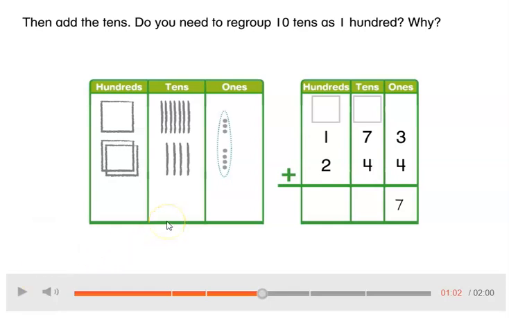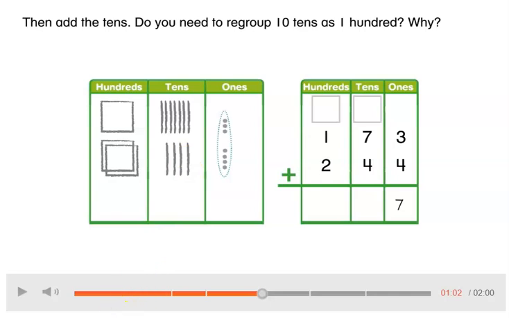Okay, so remember, if the answer is more than 9, we need to zoom it up. So we have 7 plus 4, so you can either count on your fingers if that's easier for you, but I'm going to look over here at my place value blocks and count my total. So I have 1, 2, 3, 4, 5, 6, 7, 8, 9, 10, 11. Uh-oh.